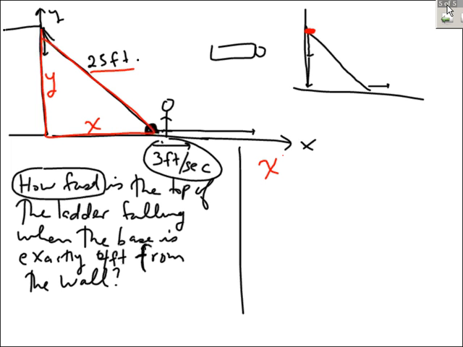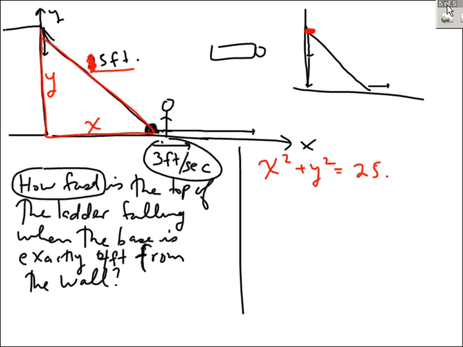Our equation is x squared plus y squared is equal to, I meant to call this 5 feet, not 25 feet. Okay, it's 5 feet, sorry. Is equal to 5 squared or 25.